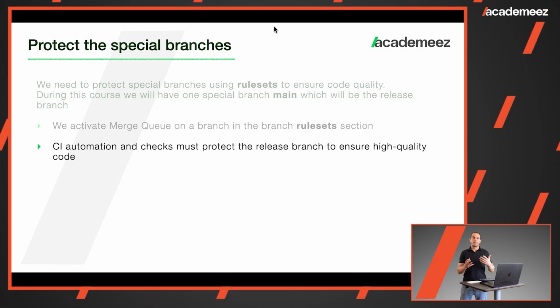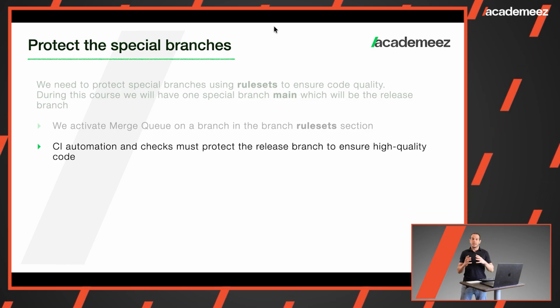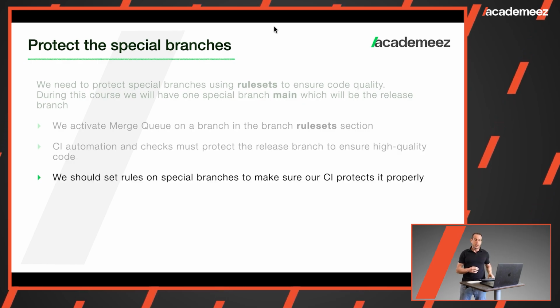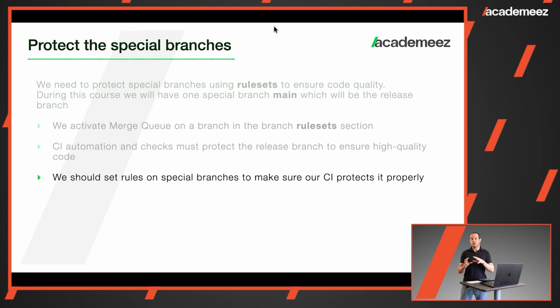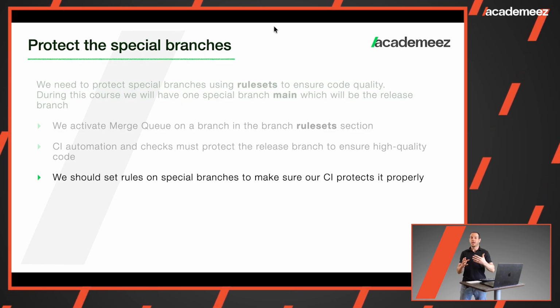For example, you can say that each pull request has to pass certain required checks. From that rule set, you activate different options to protect your special branches. And we need to be familiar with certain rules in that rule set, certain rules that are important for us to know because they increase reliability.